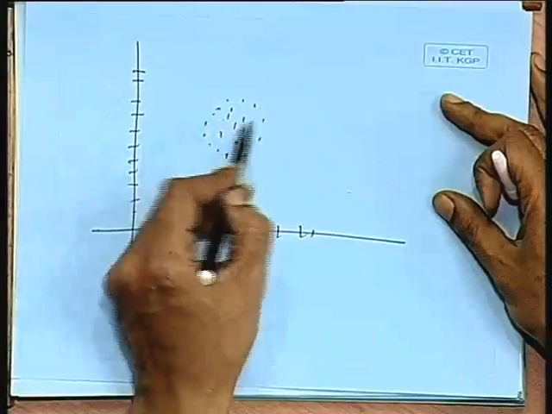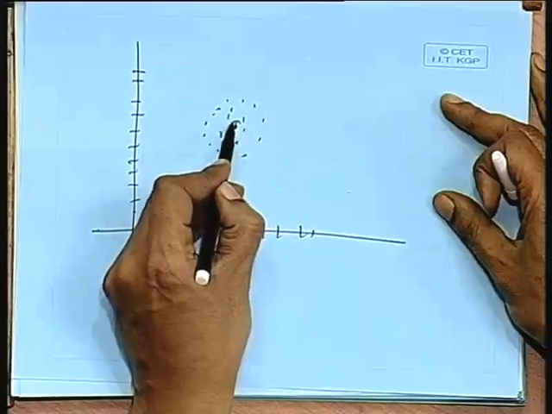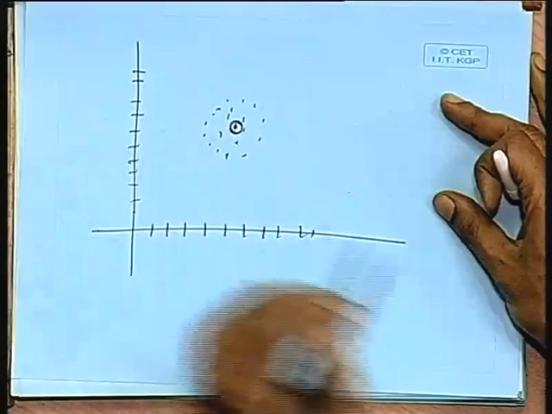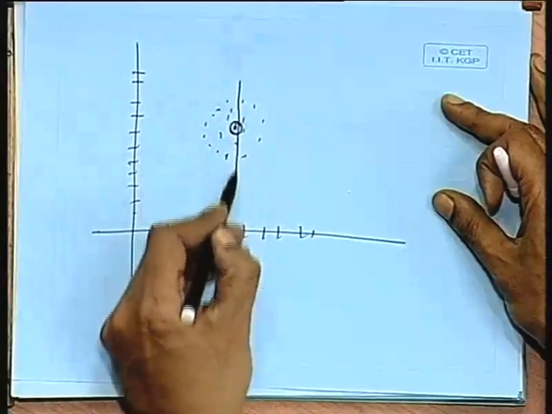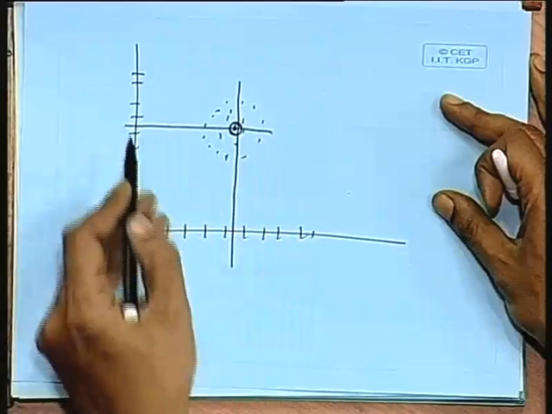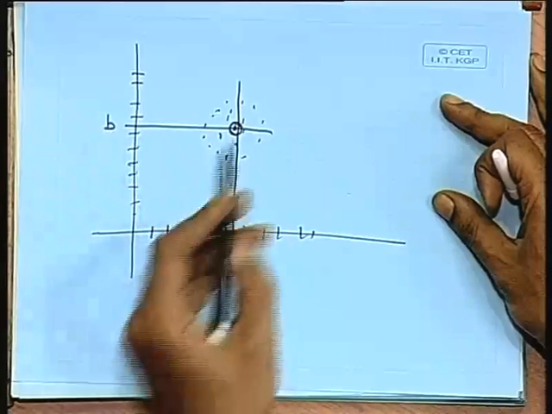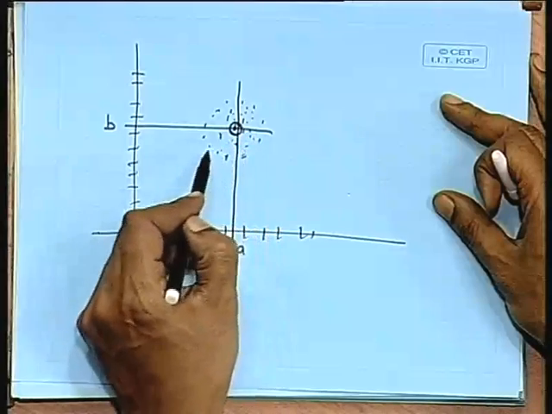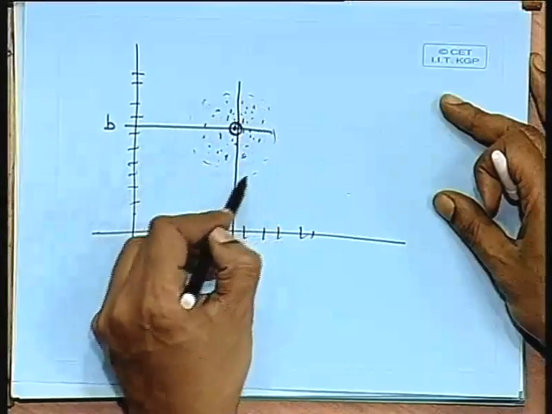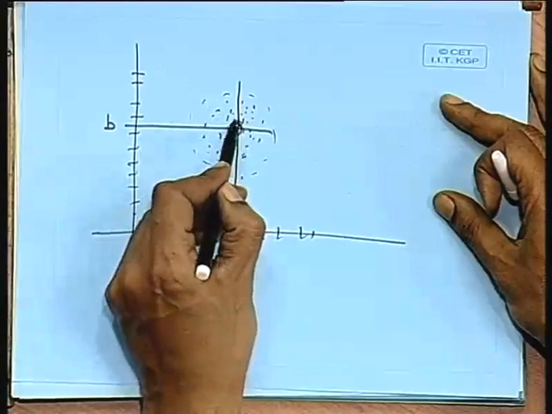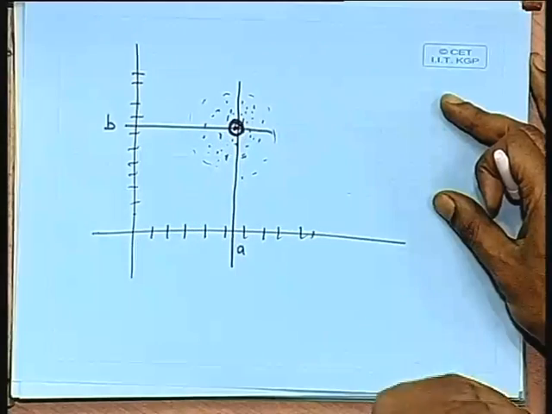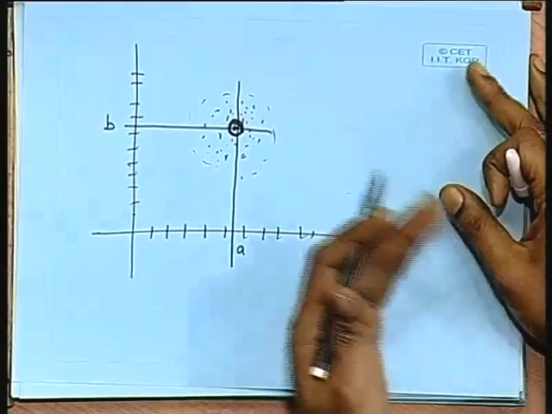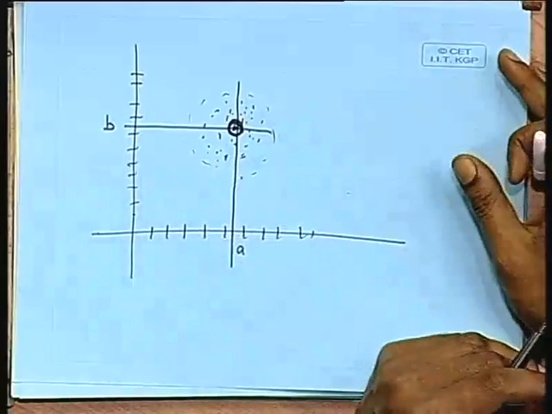If you take their average, you can say that it is around the point AB. This is B, this is A. All these dots are random, but you can say that on an average they are spread out around the point A and B. This is useful to know.